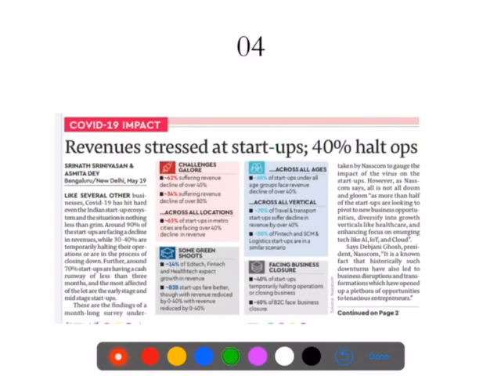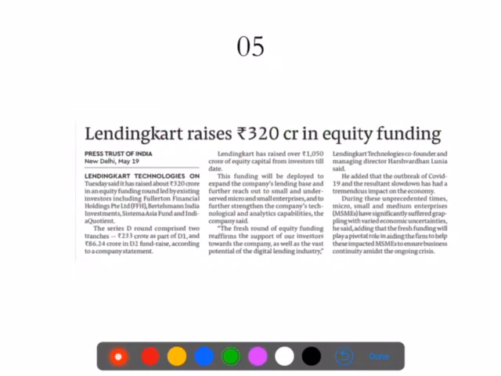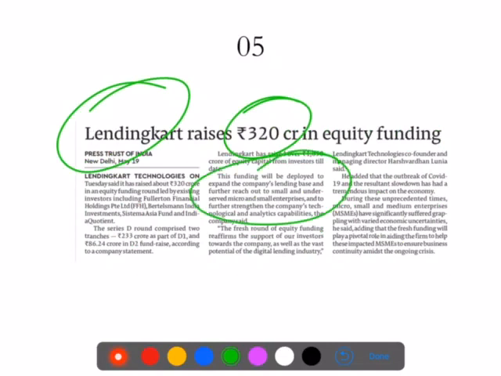Right, let's go ahead. The next news says Lending Cart raises 320 crores. Lending Cart is a company which is planning to serve the micro industries who are generally not served by the public sector and the private sector banks, is what the company's statement says. So they would like to cater to the micro and small enterprises.